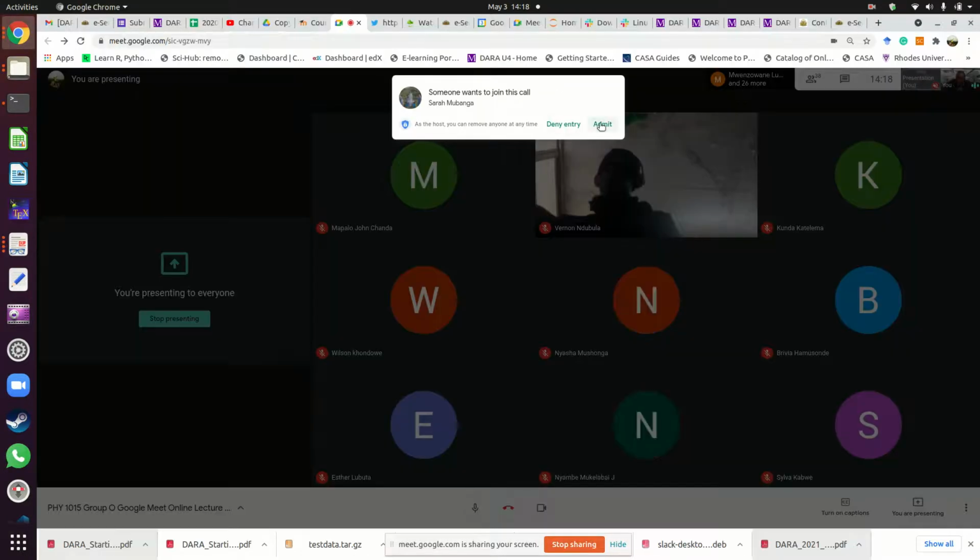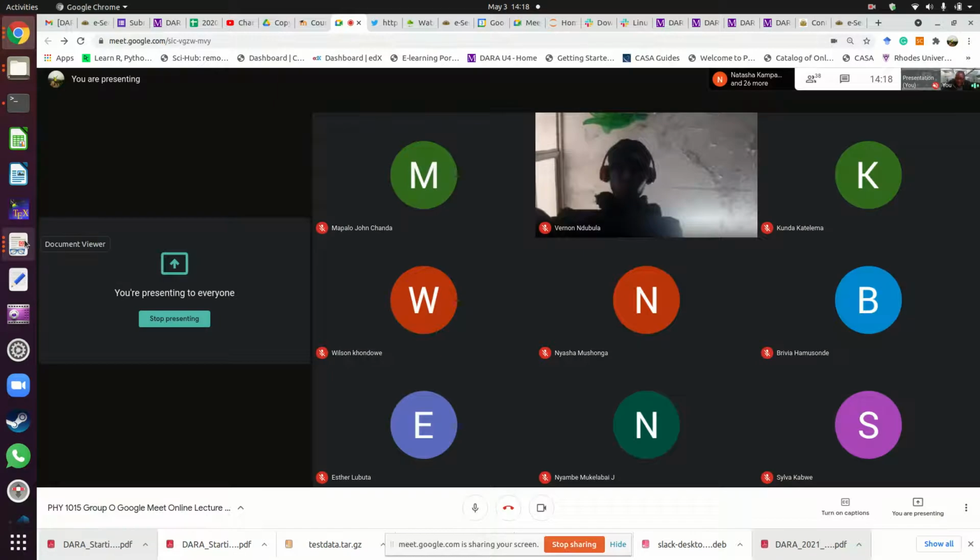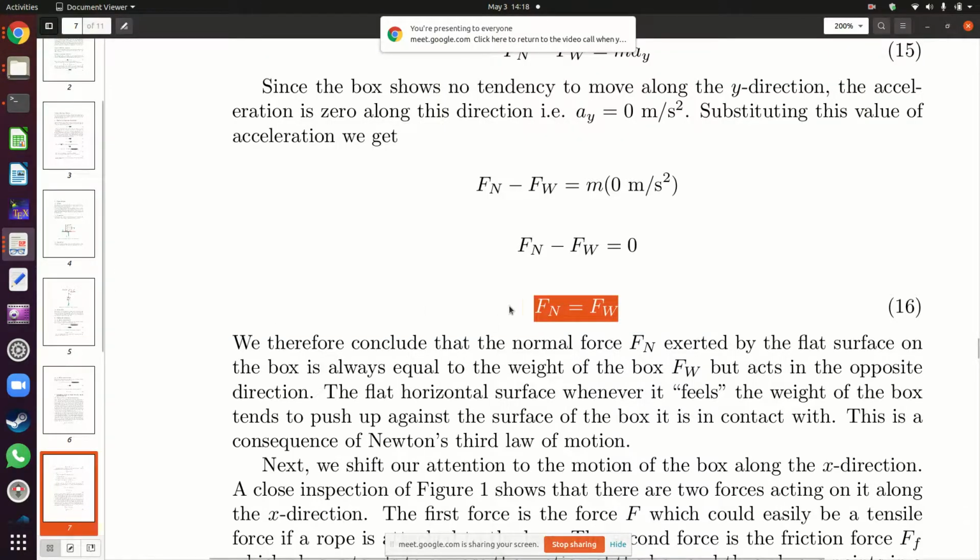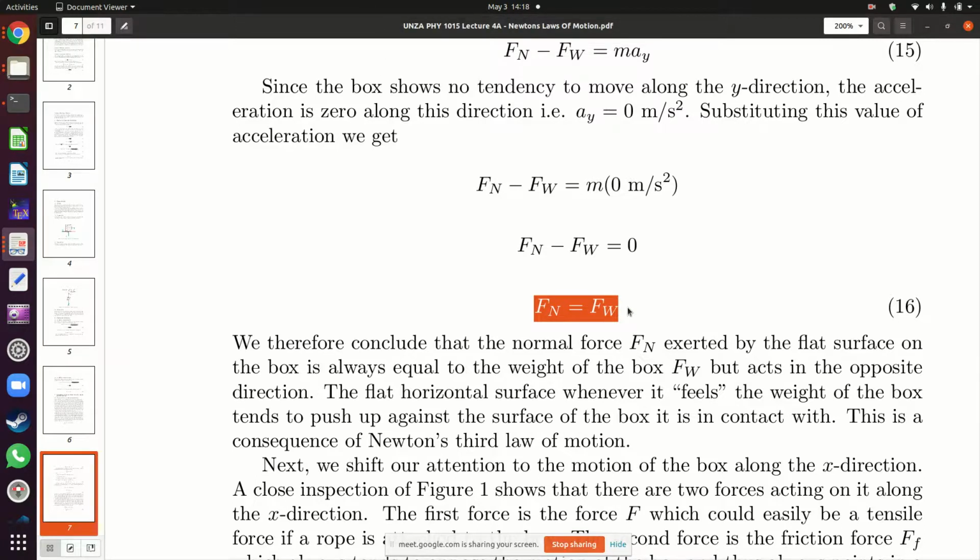These two forces are opposite and equal to each other. This is basically a consequence of Newton's third law of motion. So what is happening is that the mass of the box is exerting a weight on the floor. The floor is not happy about this, so the floor pushes back with an equal but opposite force. Are we clear?